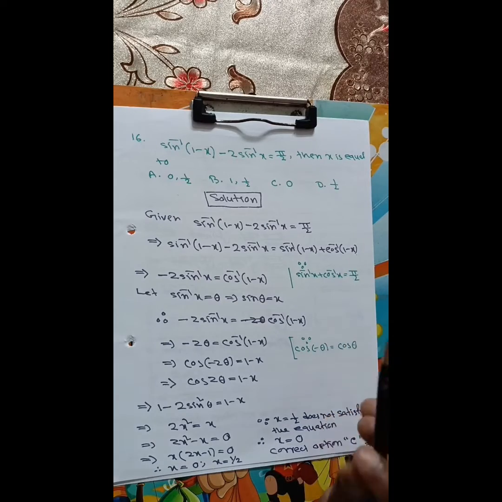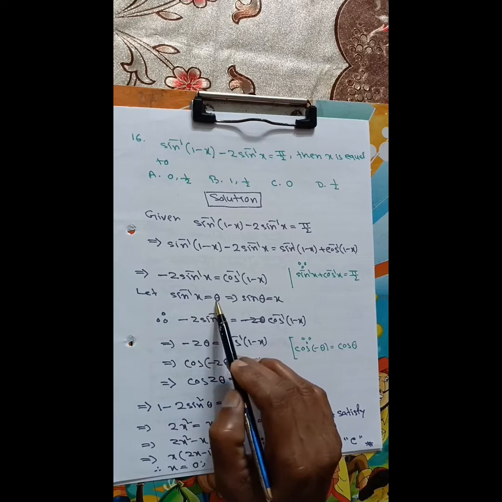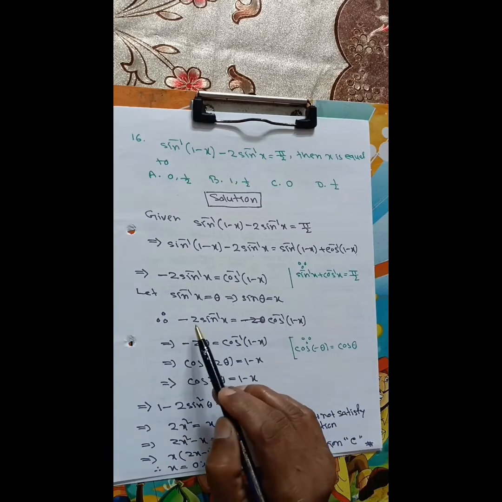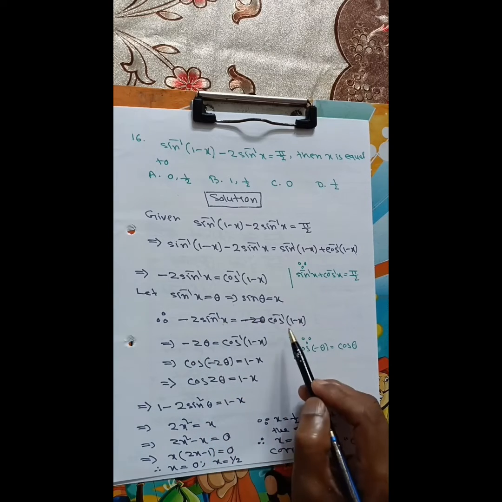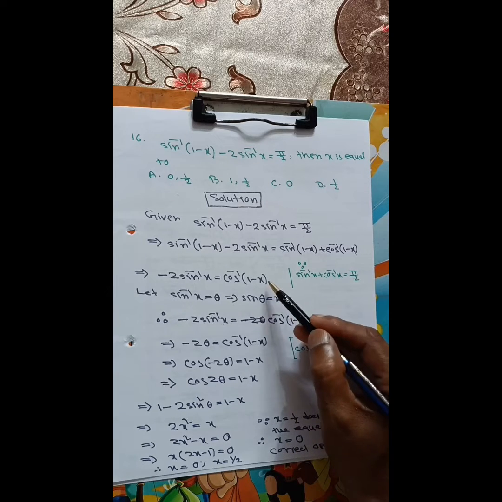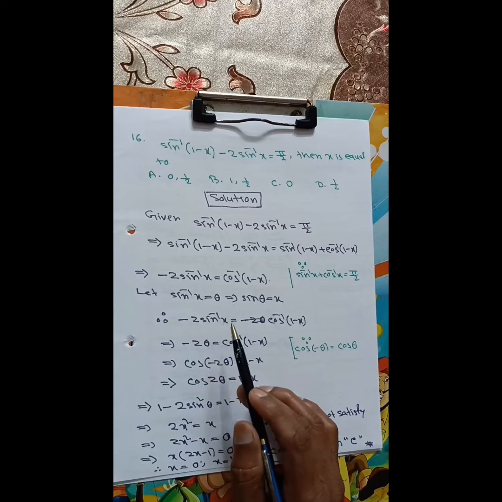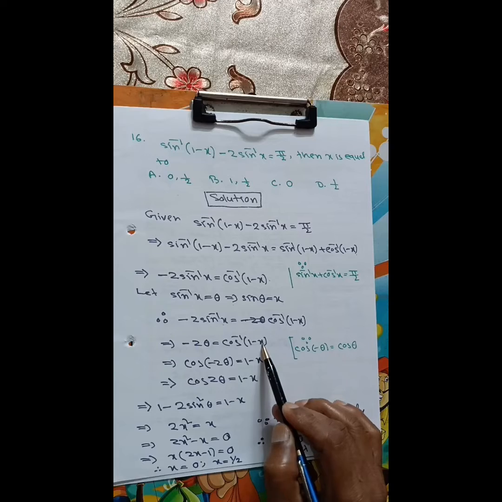Okay. Now we put sine inverse x equal to theta. This implies sine theta is equal to x. Therefore, minus 2 sine inverse x is equal to cos inverse of 1 minus x, so minus 2 theta equals cos inverse of 1 minus x.